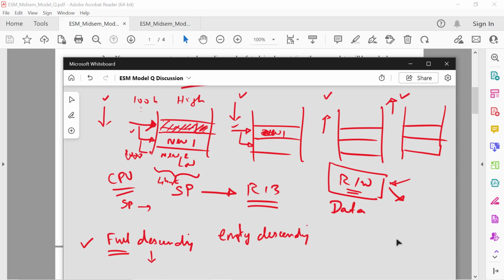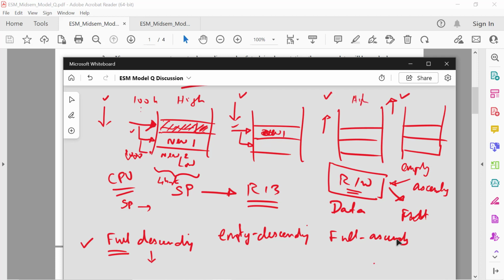Once you have understood this, then you know what I mean by full ascending stack and full descending stack. Empty ascending, let me write it here, empty ascending. Now what does it mean? I am talking about going towards the higher address.